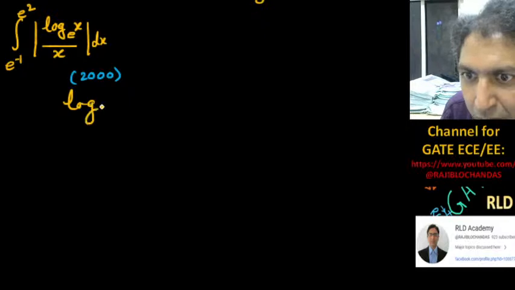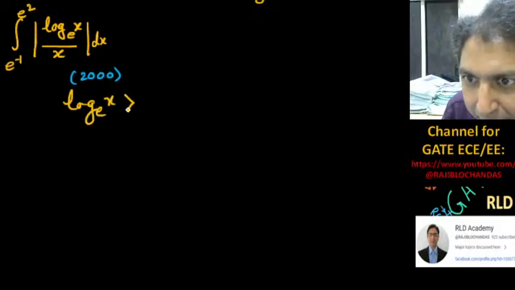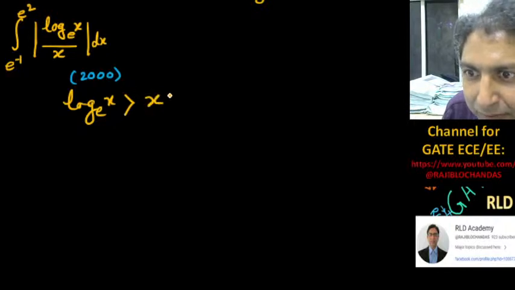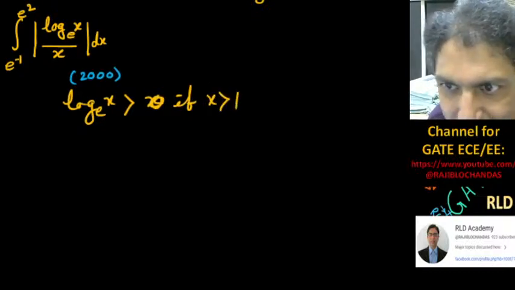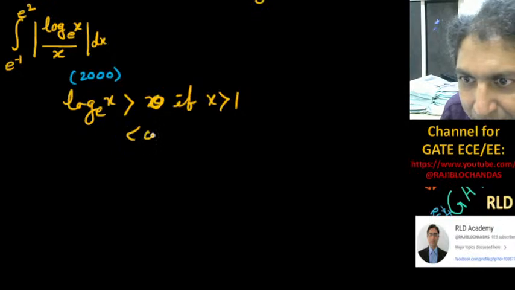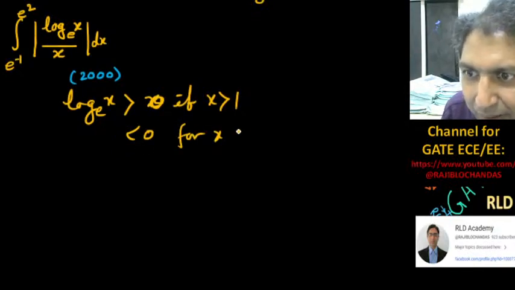So log x base e is positive if x is more than 1, and it is negative for x within 0 to 1.